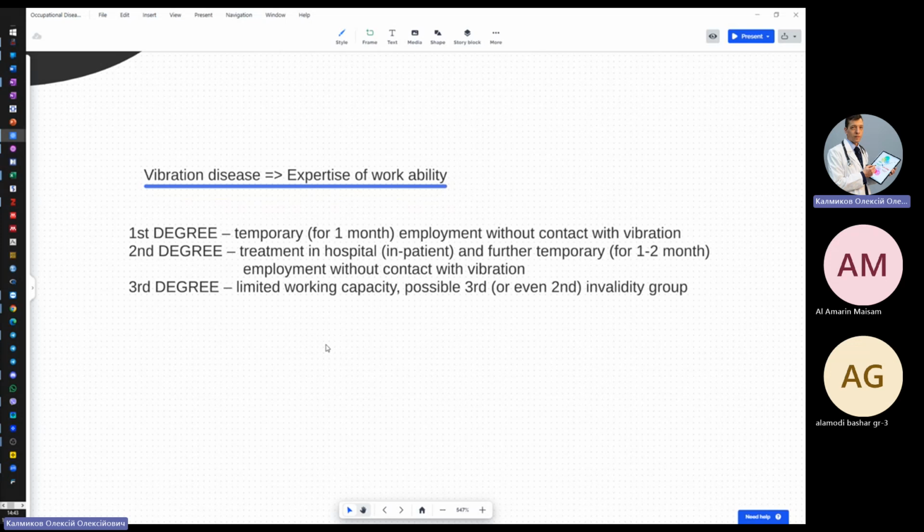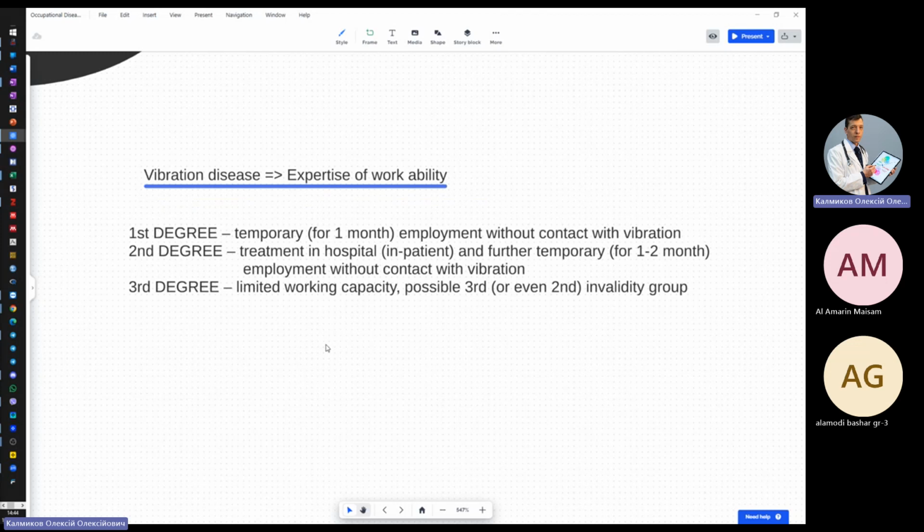At second degree, after treatment in hospital and further resort therapy, reasonable employment is definitely required without any contact with vibration, overcooling, hard physical work, increased humidity, etc. That's all. And at third degree, theoretically, again, I haven't met such patients.